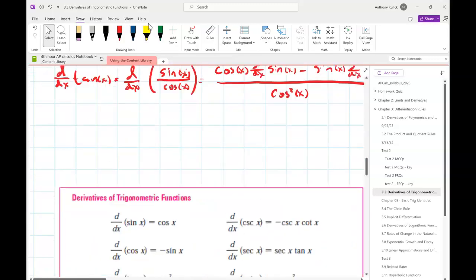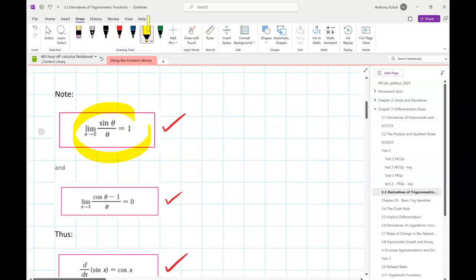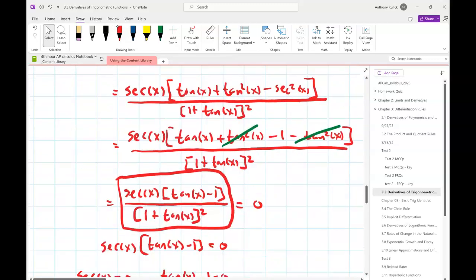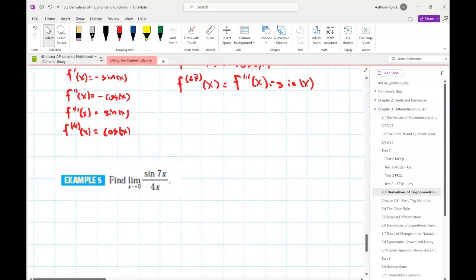If you ask me, it looks a little bit like this guy, right? So what I'm going to want to do is either try to write this as sine 7x over 7x or sine 4x over 4x. Which one is possible? One is possible, one is not.